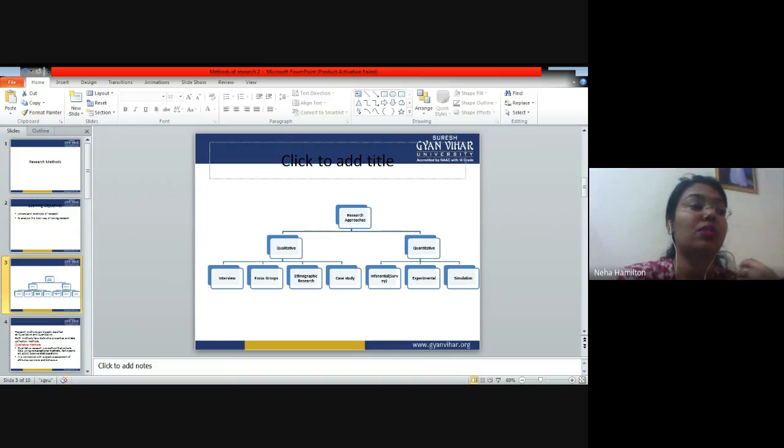Now, what are these questionnaires and what are these schedules? Questionnaires are very specific documents that carry information about your particular research. For example, if you are doing a study on customer satisfaction, then all the questions in the document will be focused on customer satisfaction.